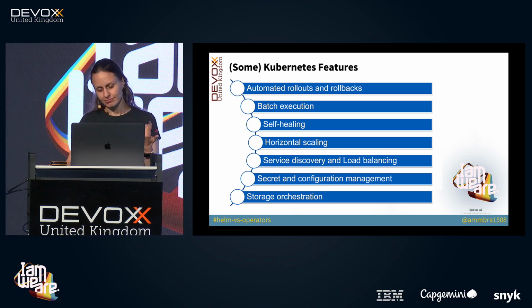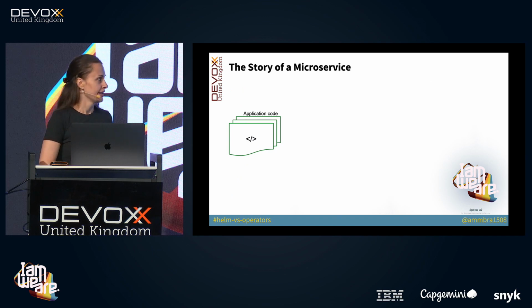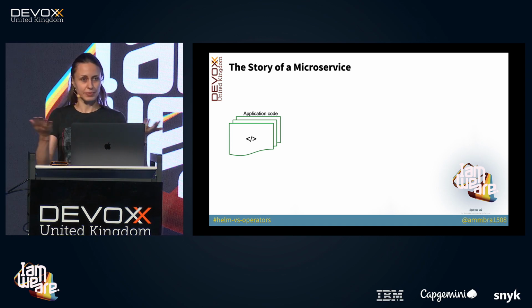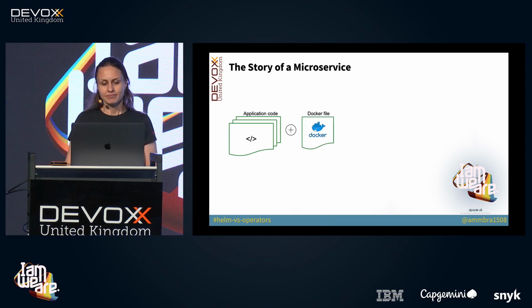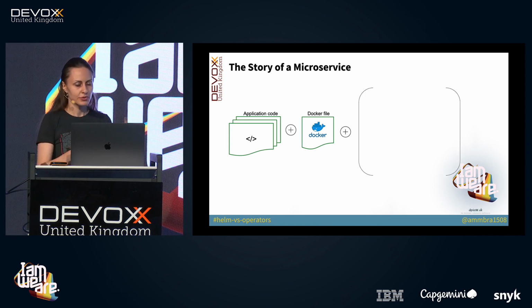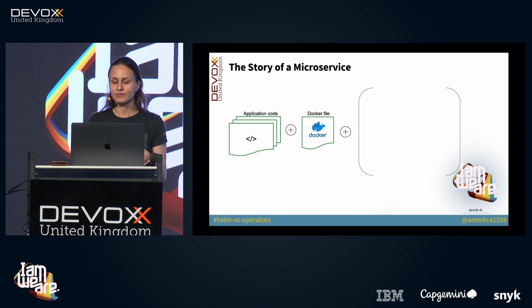However, when going down the road to add Kubernetes to what you're doing as a developer, like always, the story of a microservice starts simple, with your application code. We are happy coding in our favorite language. And then you add a Dockerfile. Then you need to run this Docker image in a container somewhere, and you need some definitions on how to do that, and some environment configuration.